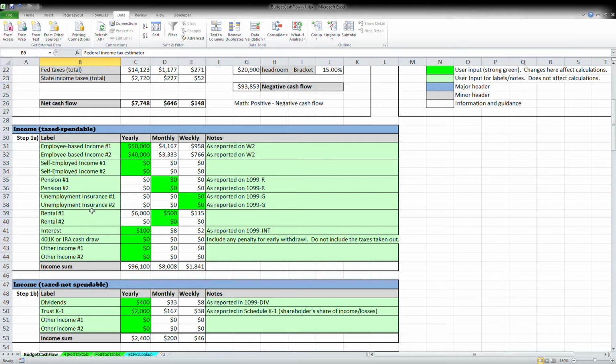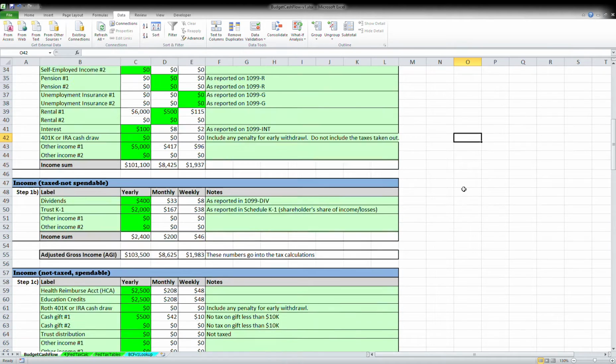These are all the things coming into your household. And you can always add additional income, and just put in the amount of money. Maybe I have $5,000 worth of work that I do for somebody, and that just comes in and adds to the total amount of net cash that's coming into the house. Of course, all this will be taxed.